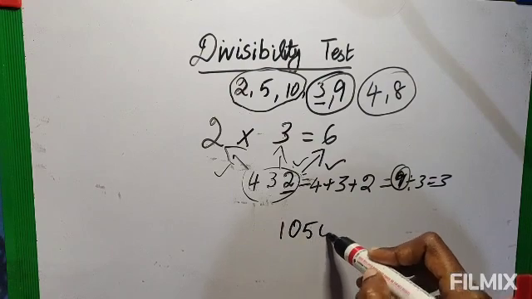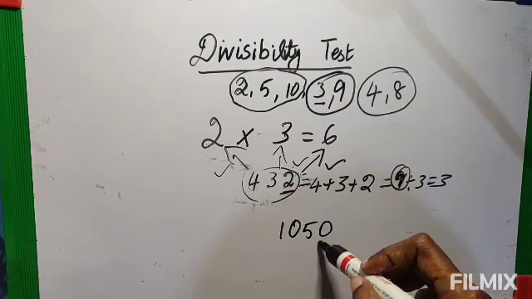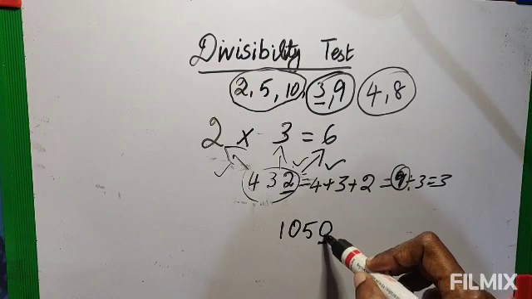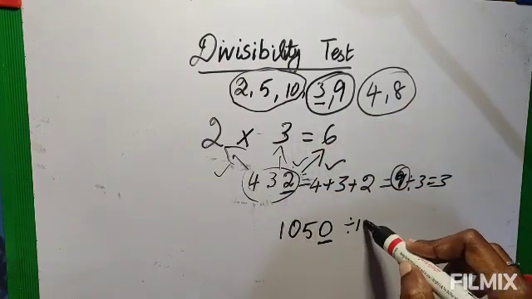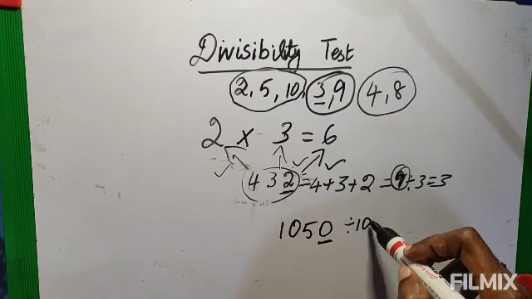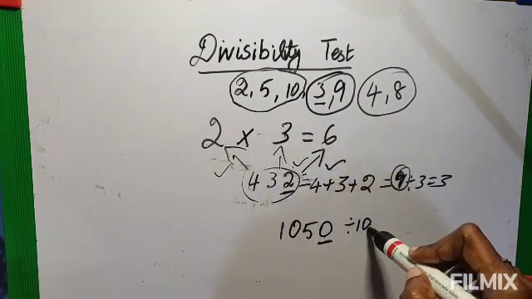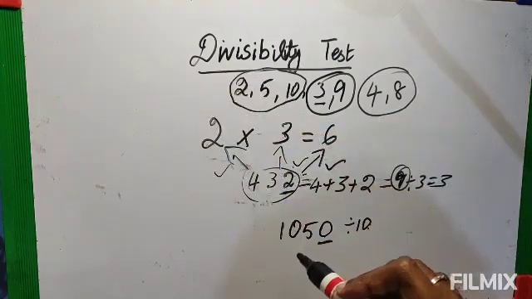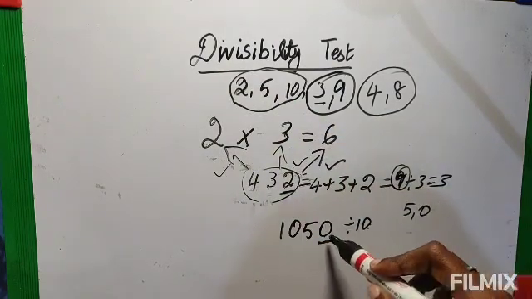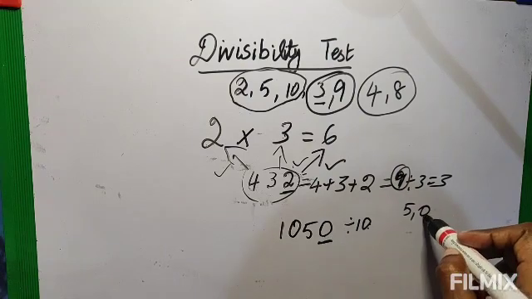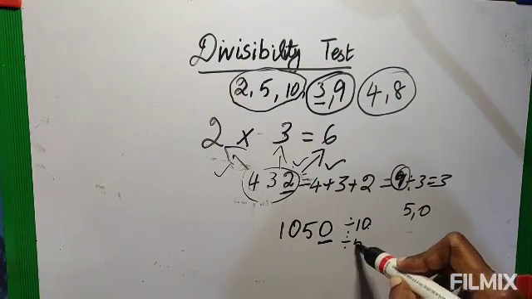Suppose the number is 1050. Listen here, the last digit is 0. If it is ending in 0, then it is divisible by 10. And for 5, if it ends in 5 or 0, then it is divisible by 5. Since it is ending in 0, it is also divisible by 5.